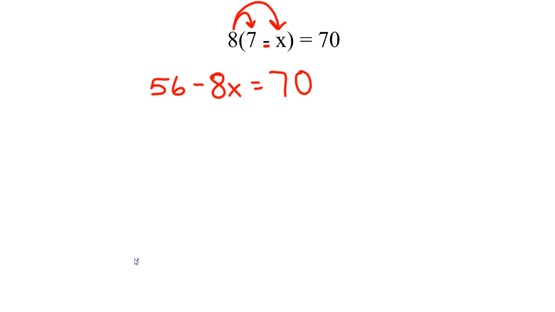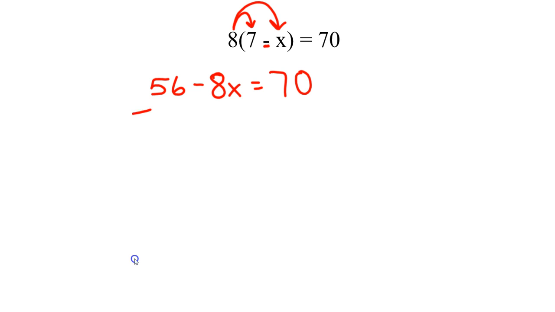Now we just have a two-step equation that we can solve. What you can see is with the variable, the first thing we're going to do is multiply it by negative 8. Then we're going to combine it with positive 56. Since we are combining it with that positive 56 last, that's the first thing I want to get rid of.